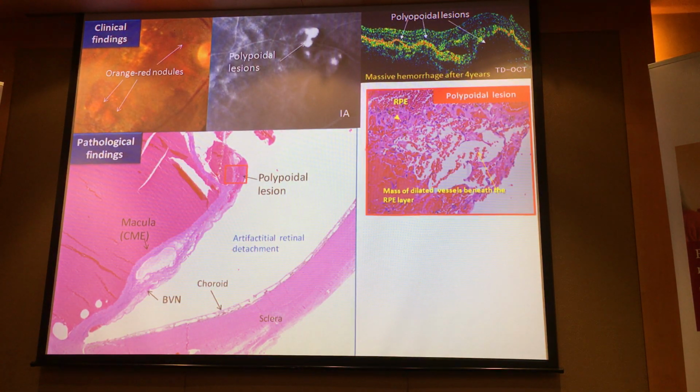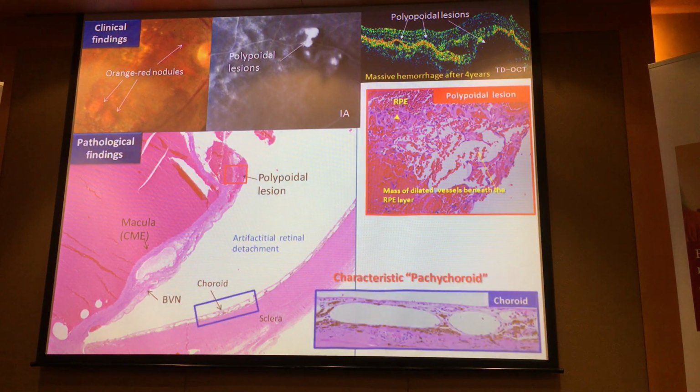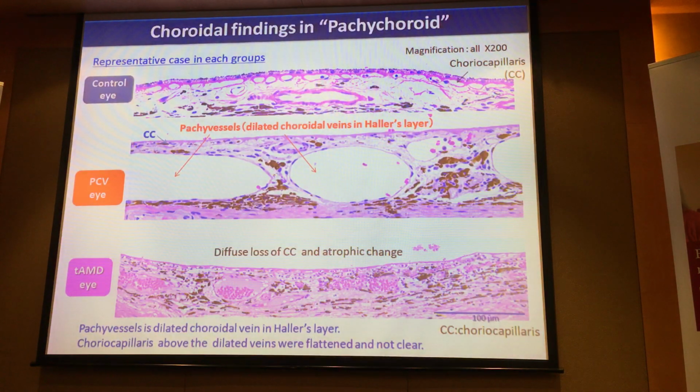This slide is showing the polypoidal region under the RPE. This is the RPE, and there are dilated vessels under the RPE. And also, we had characteristic pachychoroid in these eyes. So we studied choroidal findings in pachychoroid.